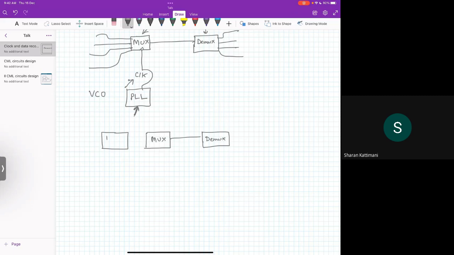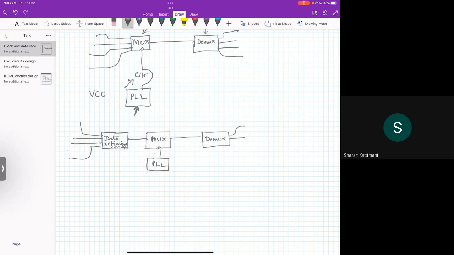Okay, so now we have a data retiming circuit, then mux, and then demux.